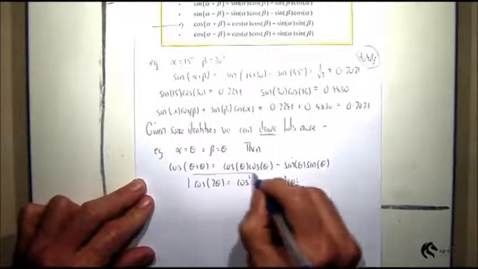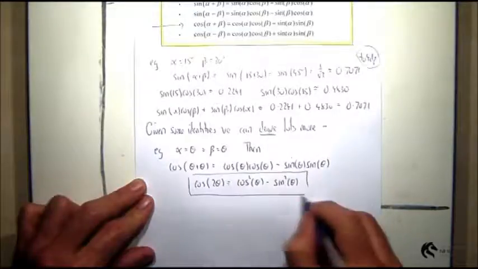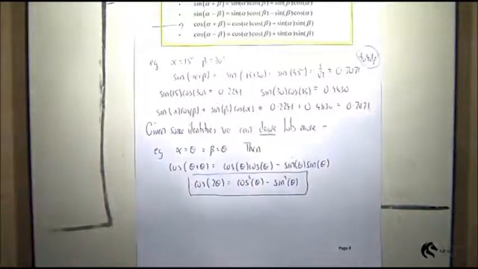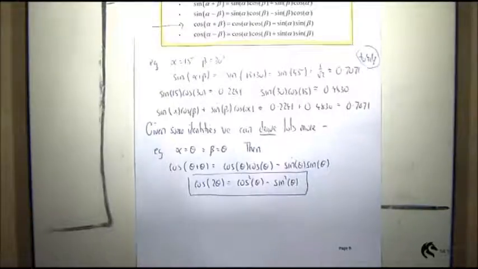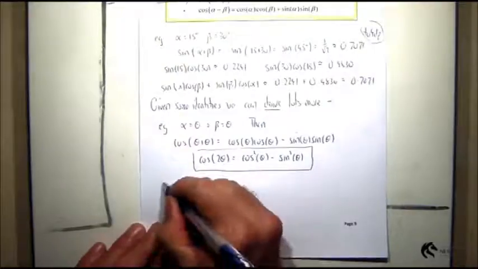And there is another trig identity. So, if needs be, I can replace this number by that, or vice versa, in any expression. Let's do one more. So another example.